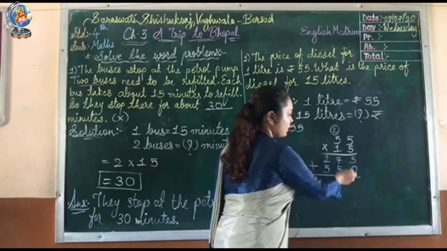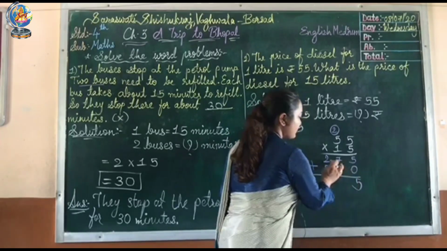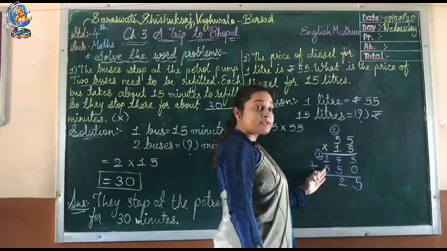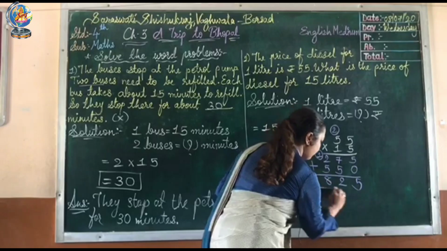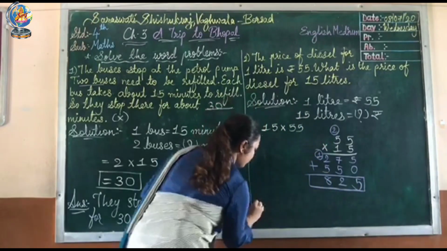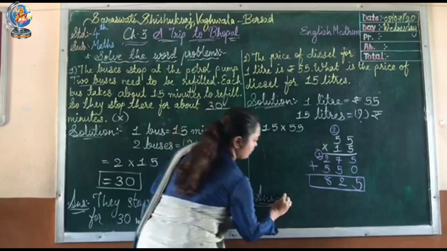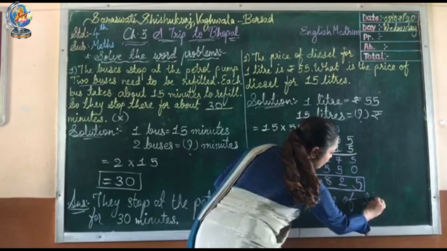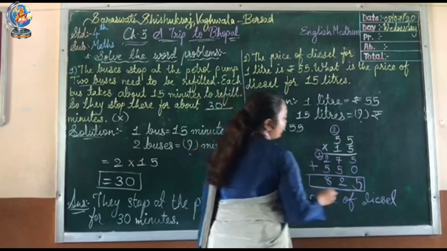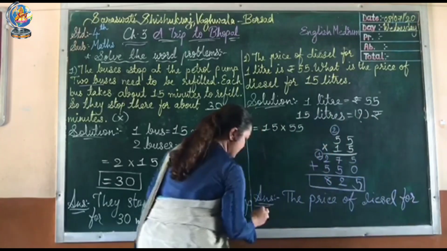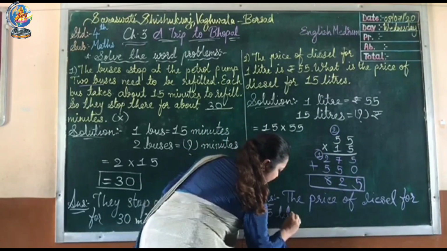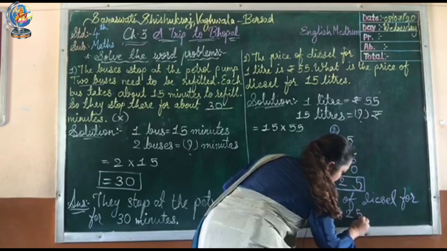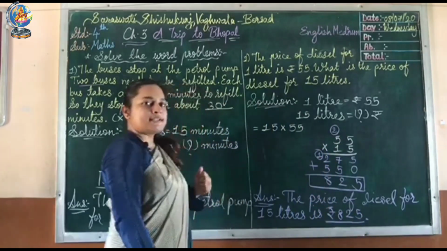Again, let's do the addition. 5 plus 0, 5. 7 plus 5, 12. 1 carry goes with 2. 1 plus 2 plus 5, 8. The answer is the price of diesel for 15 liters is rupees 825. Okay, see the questions.